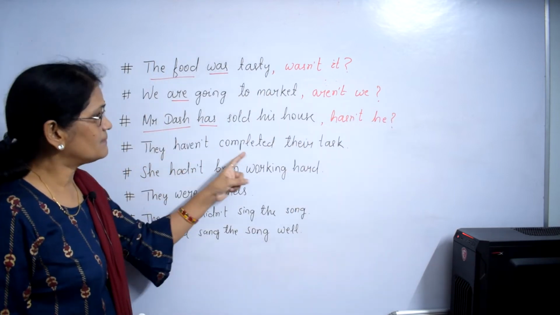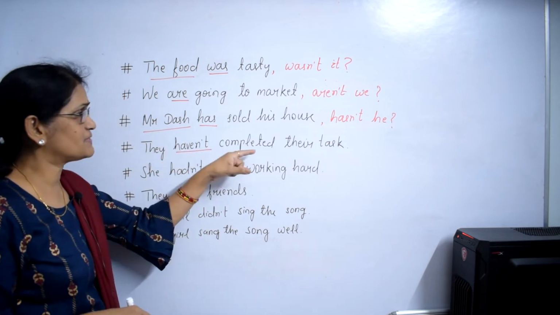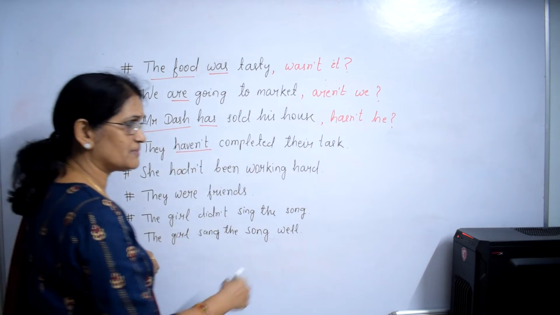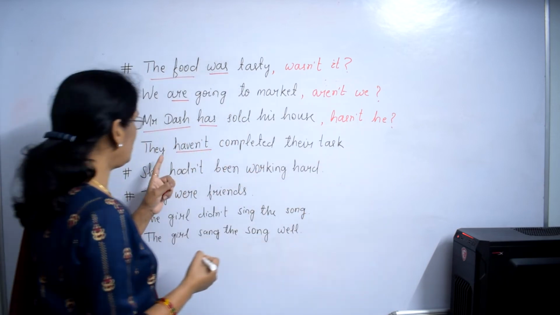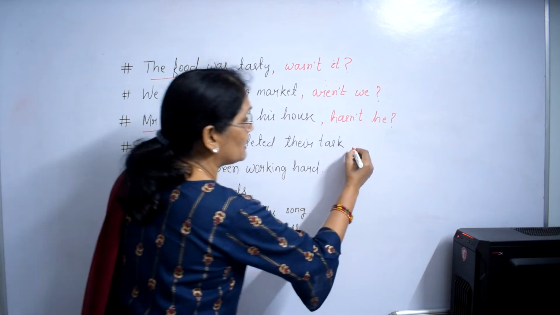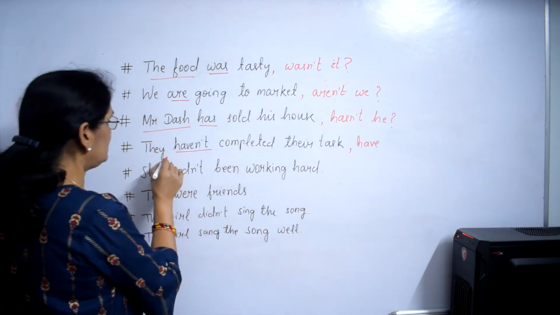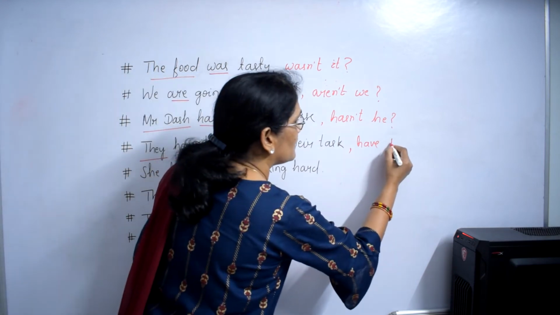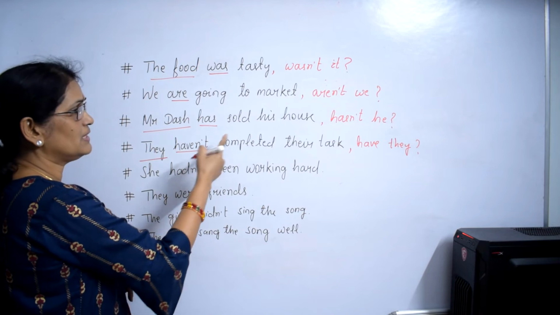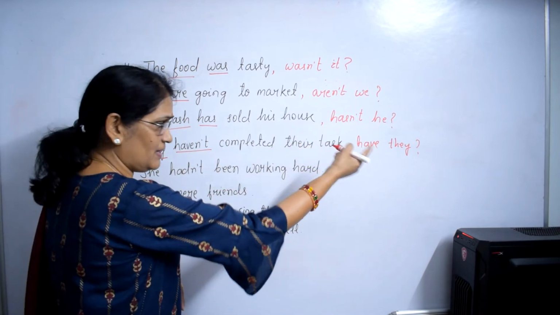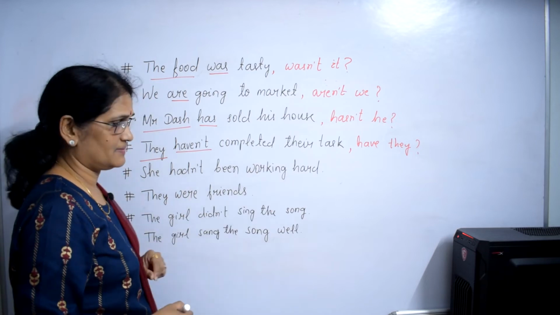They haven't completed their task. Haven't. It is a negative statement. We should add a positive tag. What will it be? Haven't will be what? Have. Have, then they. Have they? They haven't completed their task, have they? She hadn't been working hard.